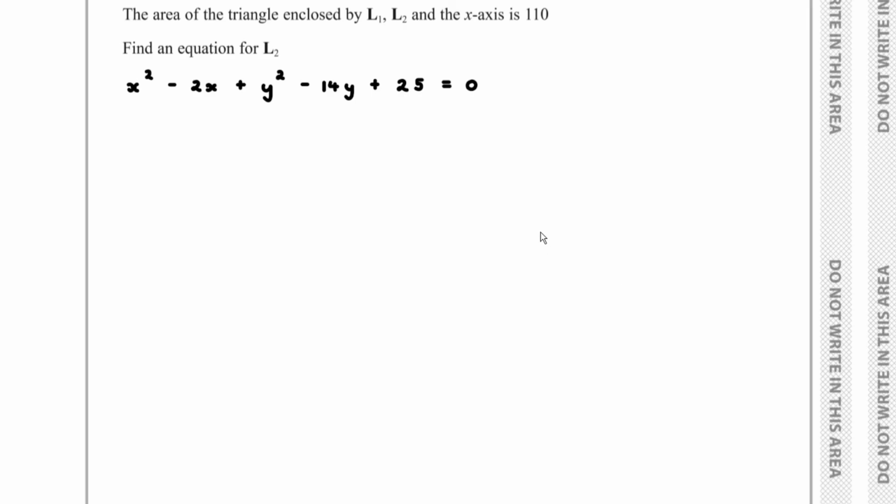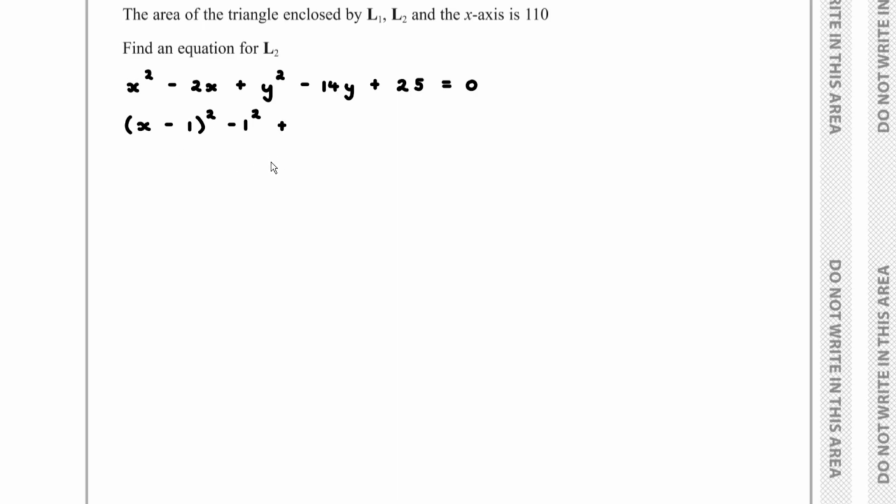Let's begin with the equation x squared subtract 2x plus y squared subtract 14y plus 25 equals 0, and write this in the form (x subtract a) squared plus (y subtract b) squared equals r squared. If I complete the square for the x's, I have (x subtract 1) squared subtract the square of 1.